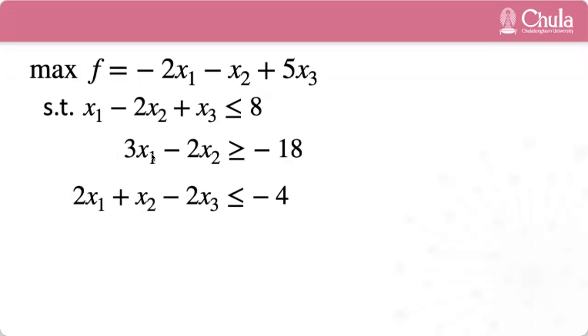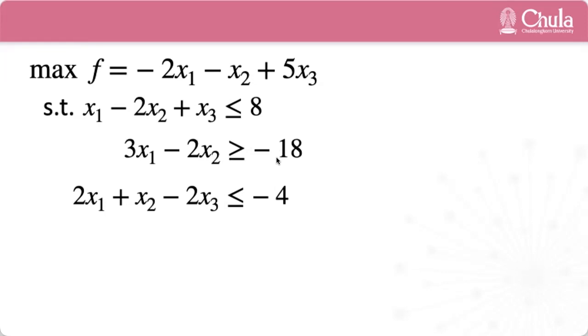And you see that this constraint, its right hand side is negative, right? So you have to divide it. No, divide is okay, but multiply is better. Multiply by minus 1, and then you obtain minus 3x1 plus 2x2 less than or equal to 18, right?